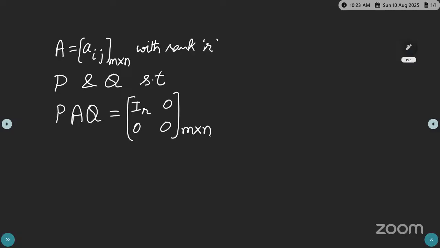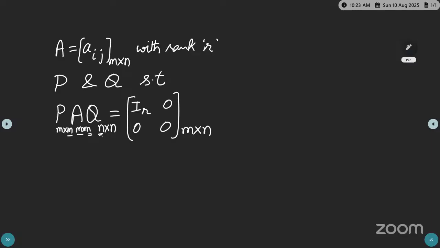Listen clearly. A is of order m by n. What is P? P is a square matrix of order m by m. For PA multiplication to be possible, the number of columns in P must equal the number of rows in A. Next, the number of columns in A must equal the number of rows in Q, so Q must be of order n by n.